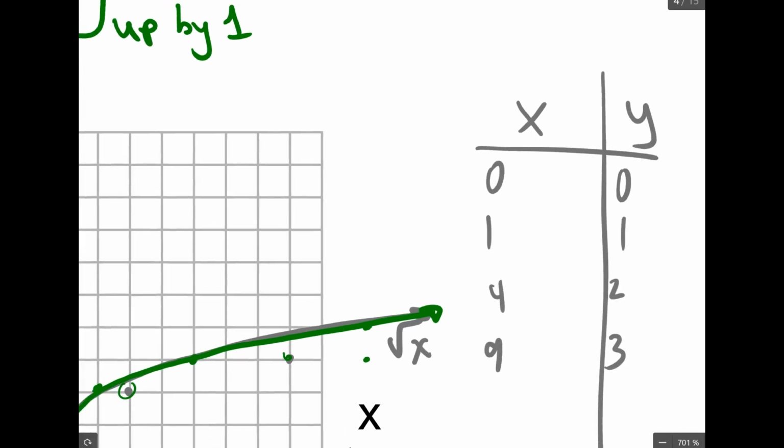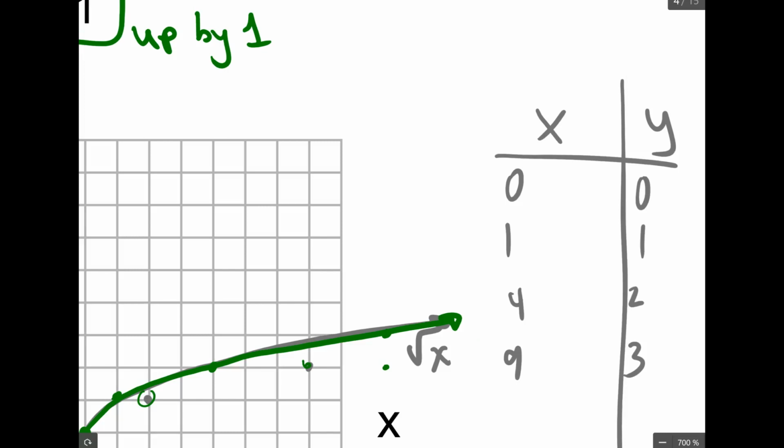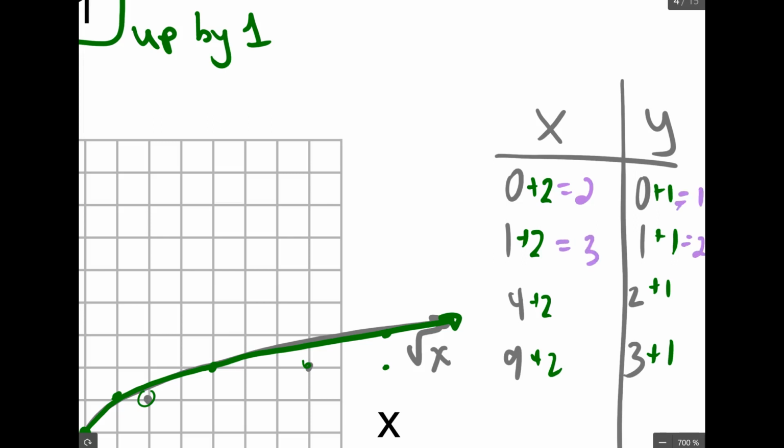I'm going up by 1 every single time, so plus 1, and going to the right by 2 every single time, so I add 2. My new coordinates are going to be 2, 1, 3, 2, 6, 3, 11, 4.